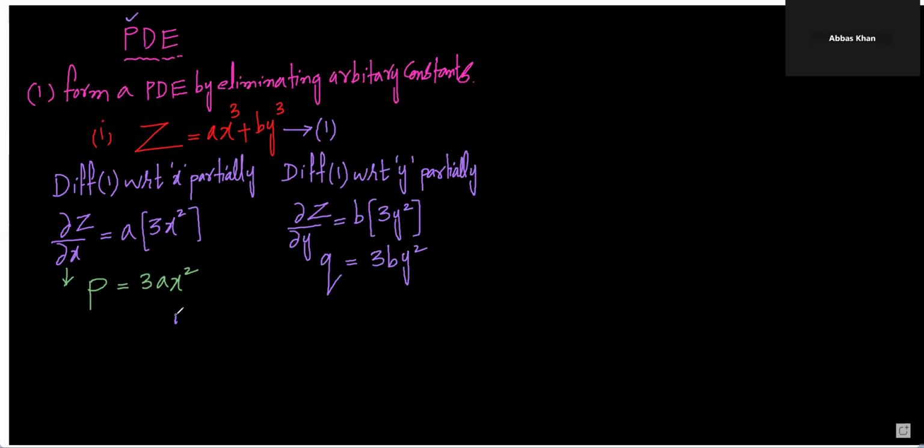So we write here, using in equation 1. One more step we have to do. Actually, we are going to get the values. So a is equal to p by 3x square.